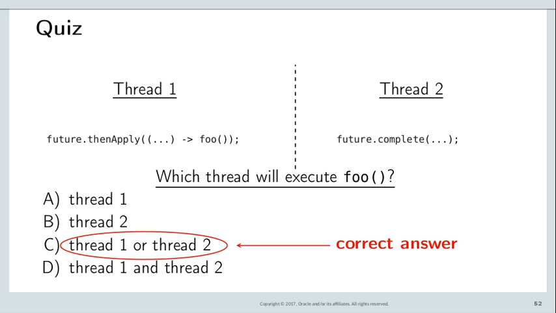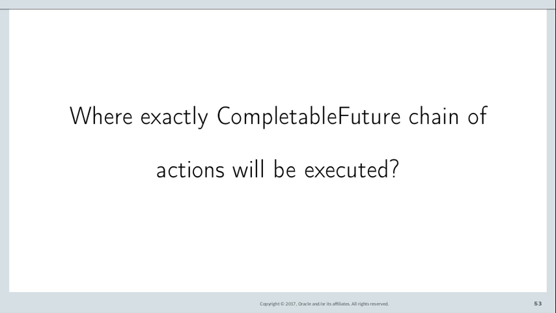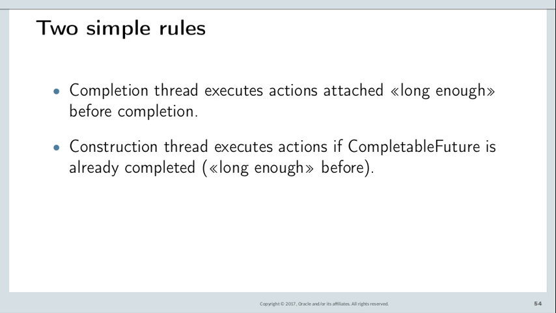Let's understand how it works, because it's quite important sometimes, and particularly for your performance you should know that answer. So where exactly will CompletableFuture change or functions be executed? I'm talking right now about default execution, when I don't specify an explicit executor.